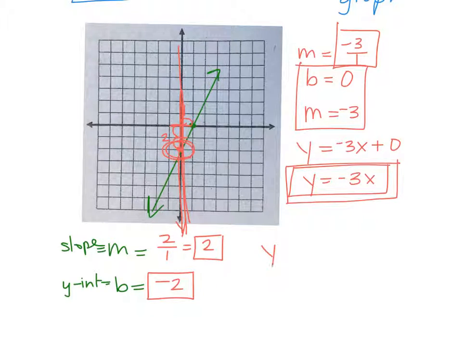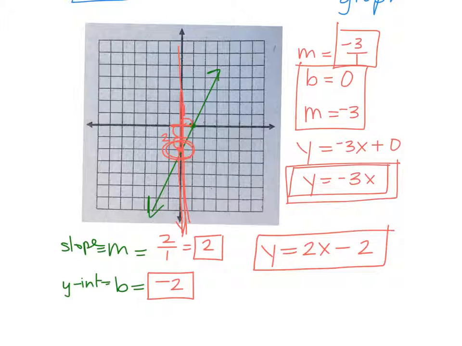So you're going to say y equals 2 times x minus 2. Now you could have written it this way, y equals 2x plus a negative 2. That's hairy. It doesn't look great. So if I were you, I would do it this way. But you can technically do either.